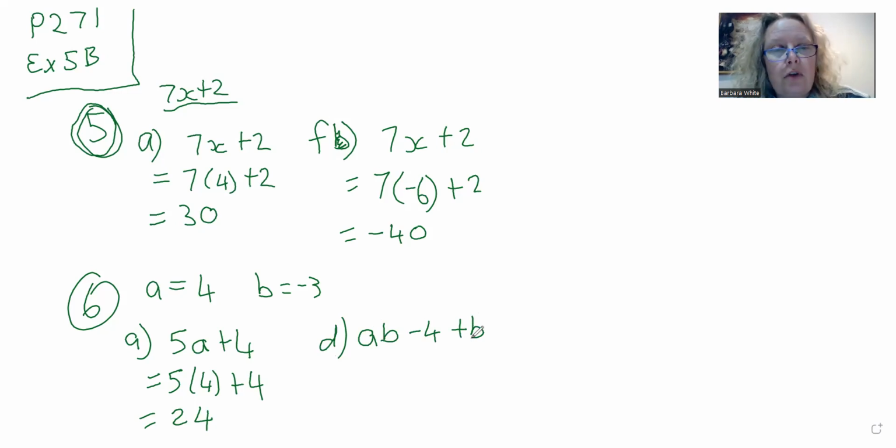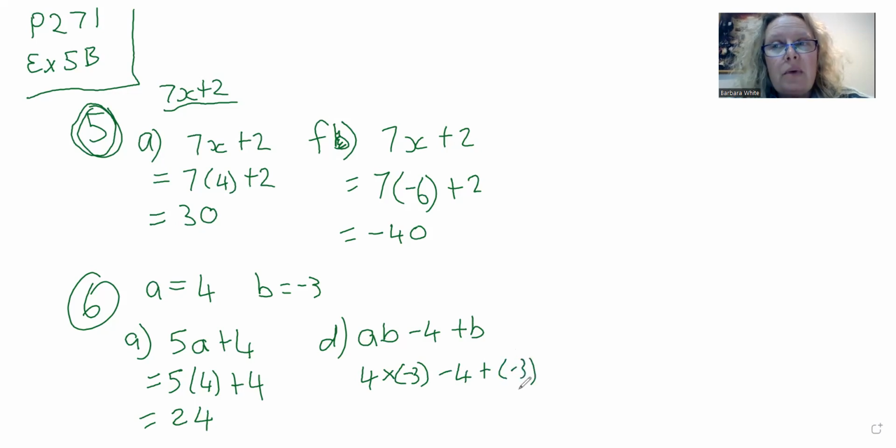If you struggle to do the maths in the next bit, at least do the first 2 steps, and your calculator can do most of this for you if you need it to. So A is 4, so this is 4 times, and B is negative 3, and I'm putting the negative in brackets so that I don't get confused. Minus 4 plus negative 3.